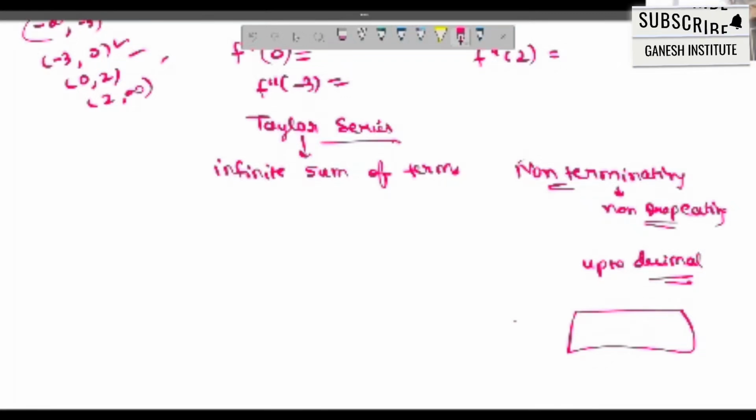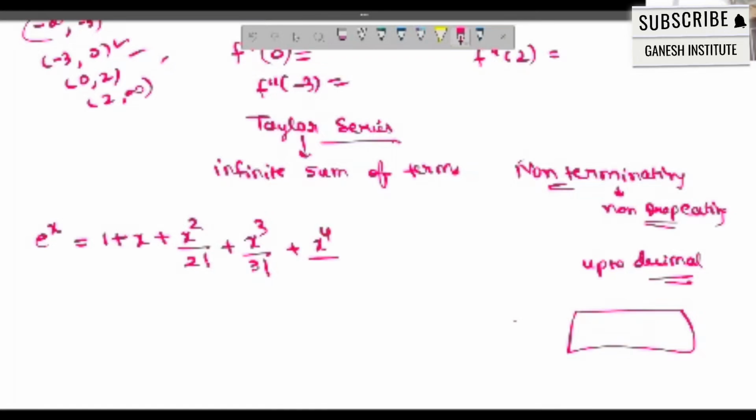I'm giving you an example. I will tell you the derivation also, but just look at this. This is exponential expansion. If I expand it using the Taylor series formula, it is 1 plus x plus x square by 2 factorial, x cube by 3 factorial, x raised to power 4 factorial, and so on. If I ask you, put x as 2 and find the value.